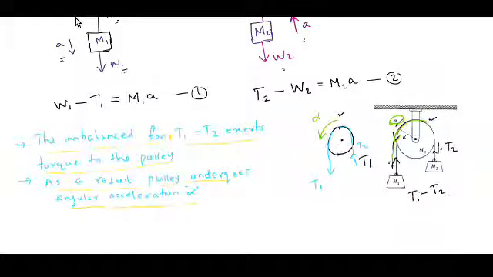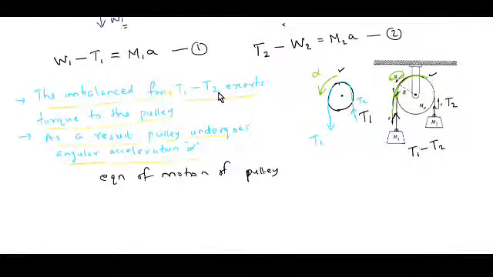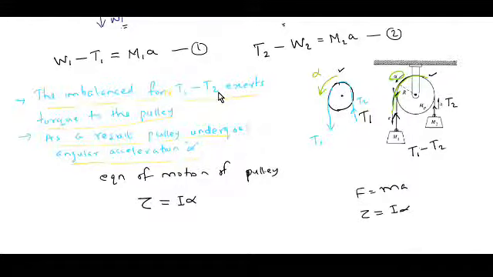That is the equation of motion of the pulley. Actually, the pulley is undergoing a pure rotational motion. Therefore, this equation of motion is tau is equal to I into alpha. Similar to F is equal to ma, here tau is equal to I into alpha, because here the motion is purely rotational.